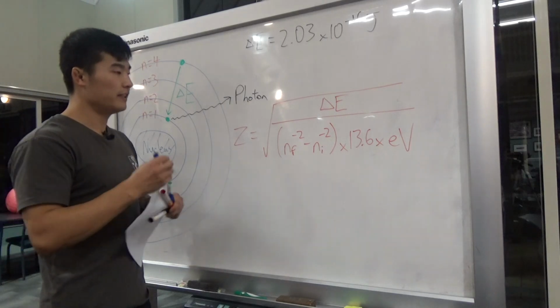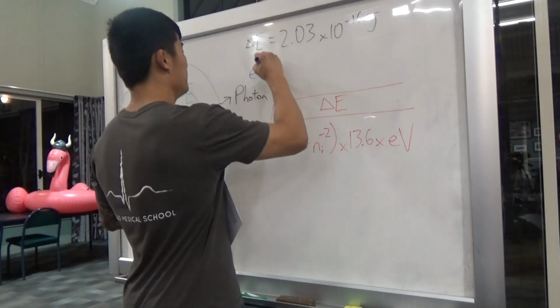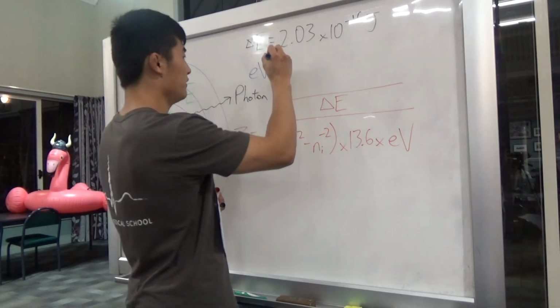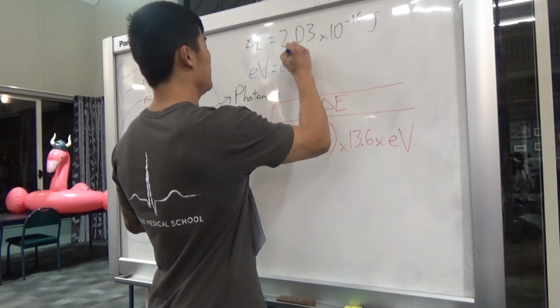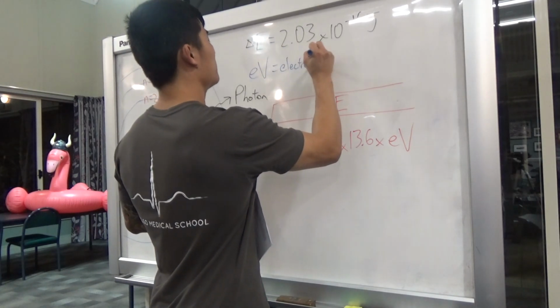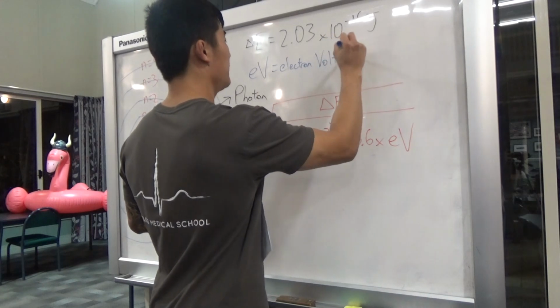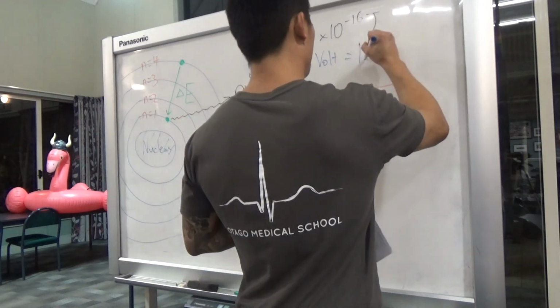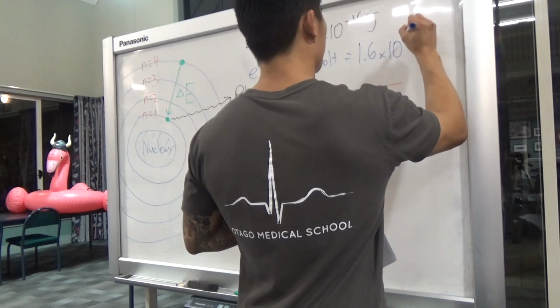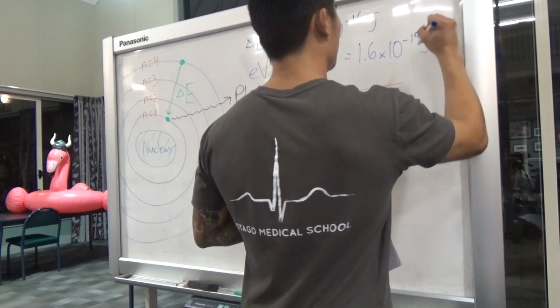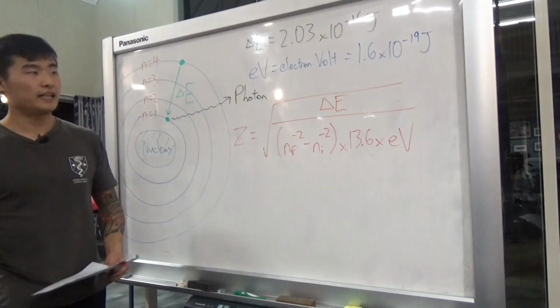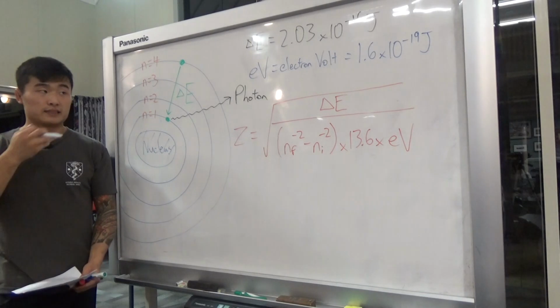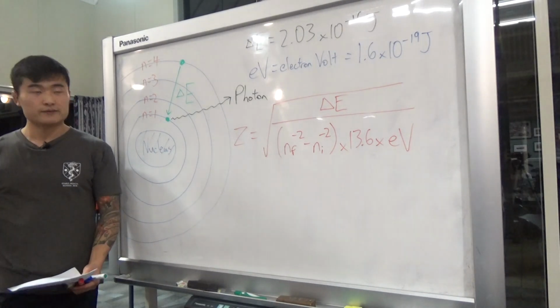Okay, so I'll just write that up here. EV is electron volts, and that's equal to 1.6 times 10 to the negative 19 joules. So that's a unit of energy.